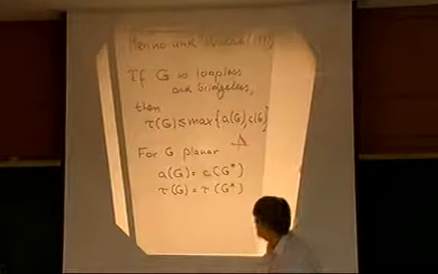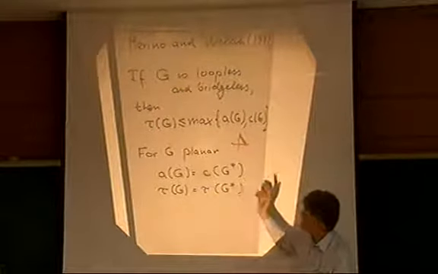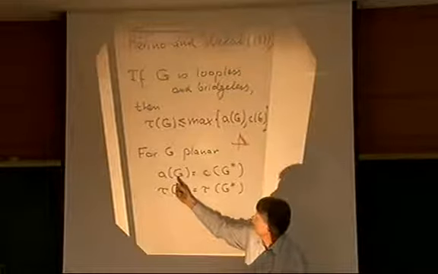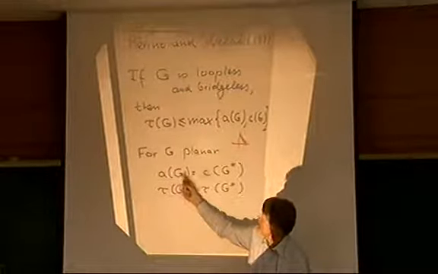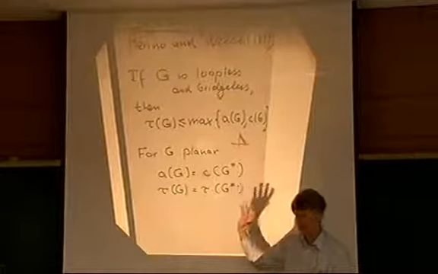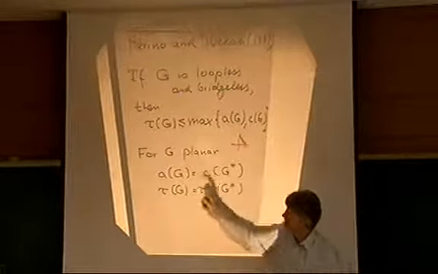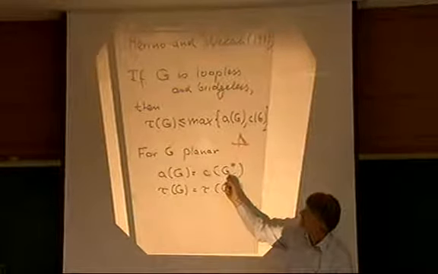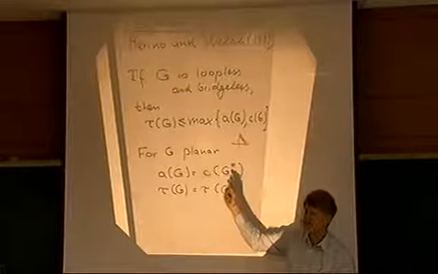Let me point out that if you have a planar graph, a graph drawn in the plane without edge crossings, and you take the dual graph, then the number of spanning trees in those two graphs are precisely the same. But if you look at the number of acyclic orientations in one of them, it becomes the number of totally cyclic orientations in the other one.